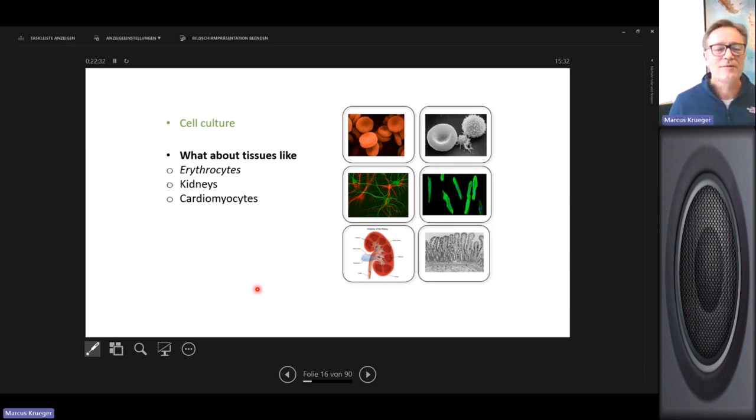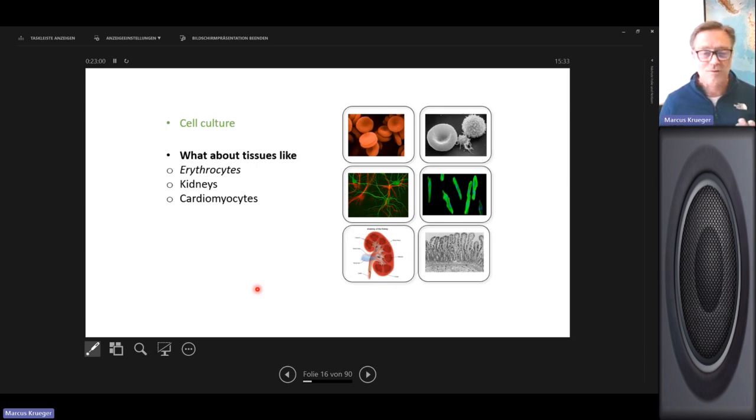Good. So then we're coming now to the second part, right? Of course, SILAC is a nice tool in cell culture. However, you might also use it for human tissue or for mouse tissue. Even in those tissues like erythrocytes or kidneys or cardiomyocytes, there is no cell culture model available, and you would then probably have another alternative, another idea how to use SILAC.